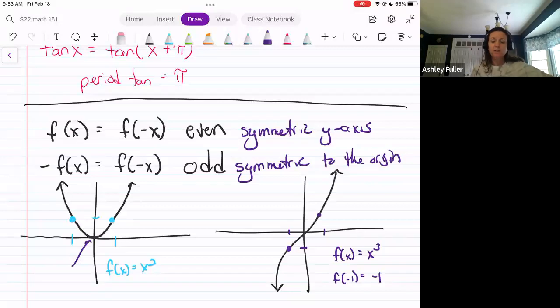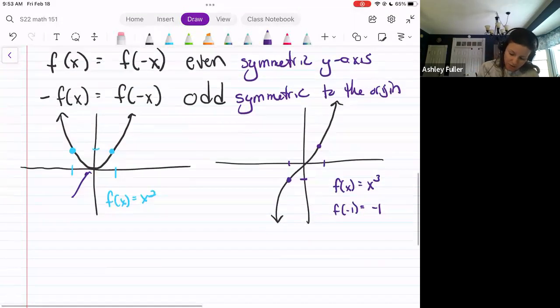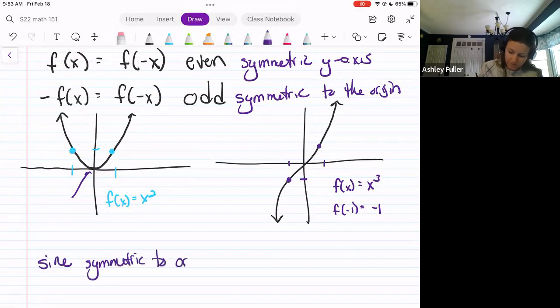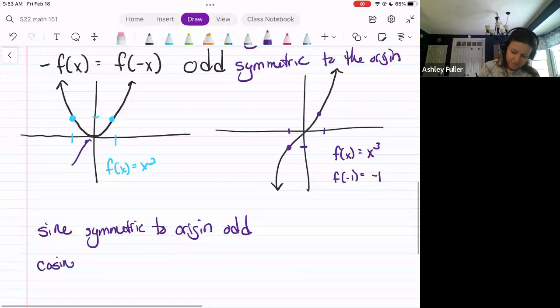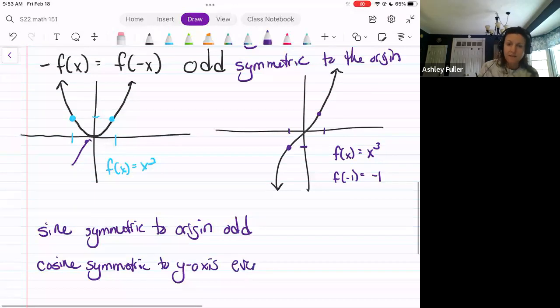If you go back and look at your graphs of sine and cosine, you're going to see that sine is symmetric to the origin. Thus, sine is odd, and cosine is symmetric to the y-axis, so cosine is even.